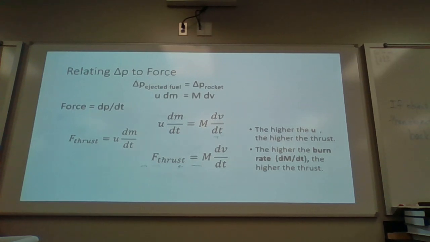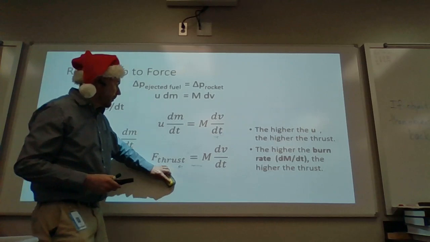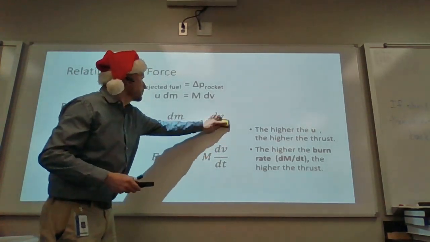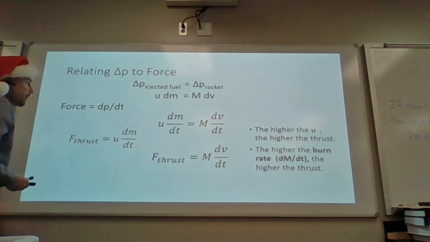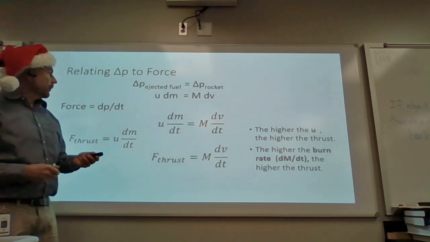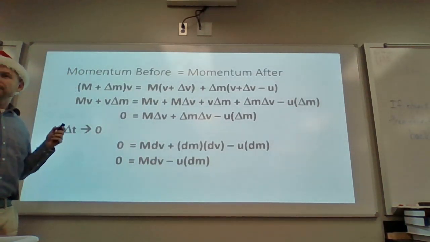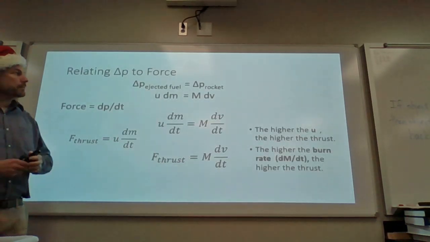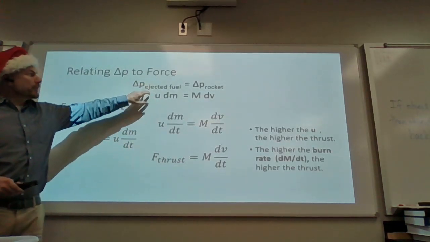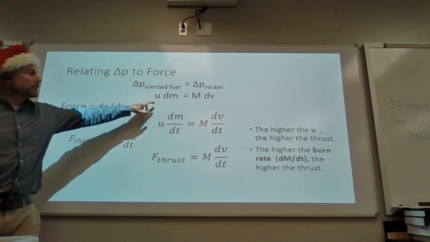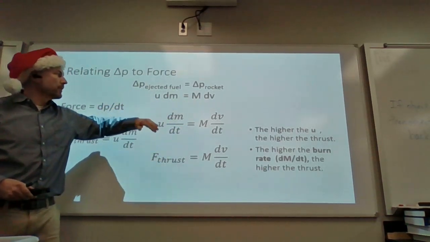We can work with that, it's not crazy. It was equal to 0 here, so I'm going to bring this over. This is the change in momentum of the rocket fuel, and this is the change in momentum of the rocket itself.